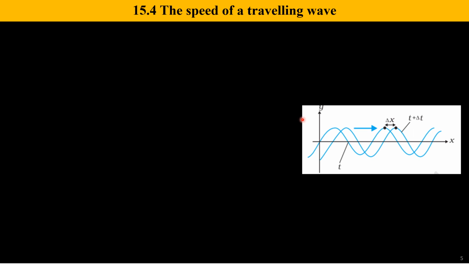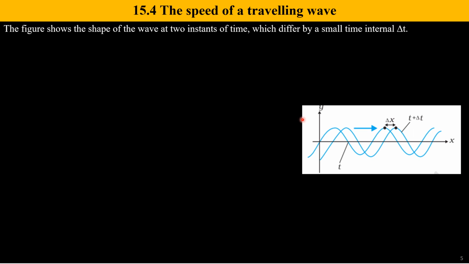The figure shows the shape of a wave at two instants of time, which differ by a small time delta t, as said. The entire wave pattern is seen to shift to the right, that is the positive x-axis, by a distance delta x as shown in the figure.